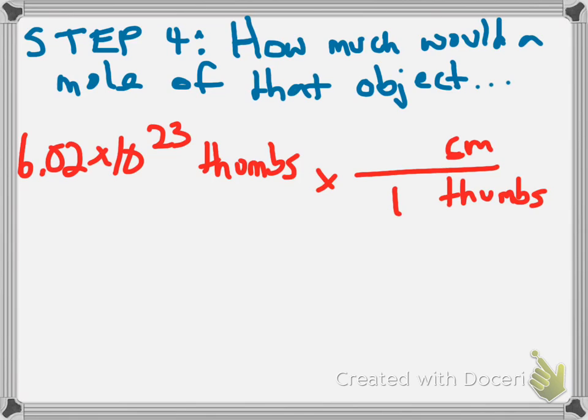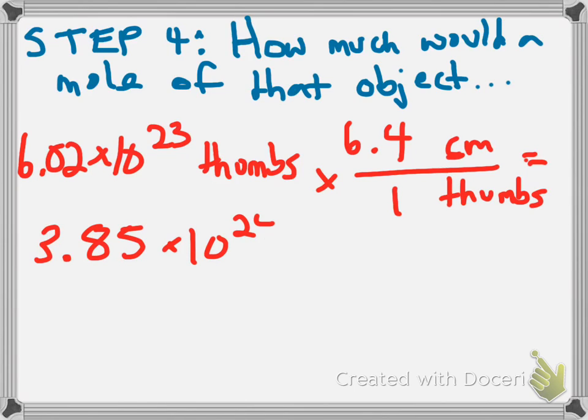So I know that 1 thumb is equal to 6.4 centimeters. So I'm really doing my mole, my 6.02 times 10 to the 23rd, times 6.4 centimeters, because there's 6.4 centimeters in 1 thumb. So a mole of thumbs is 3.85 times 10 to the 24th centimeters.